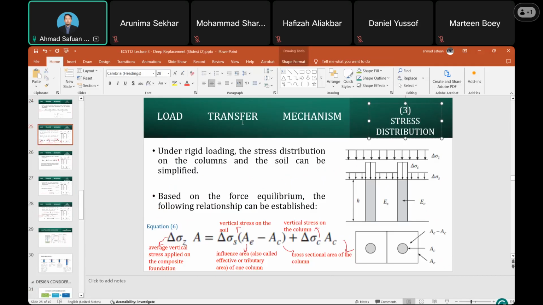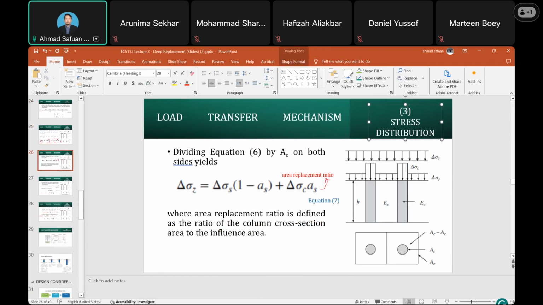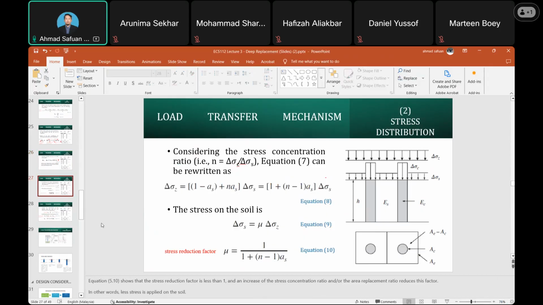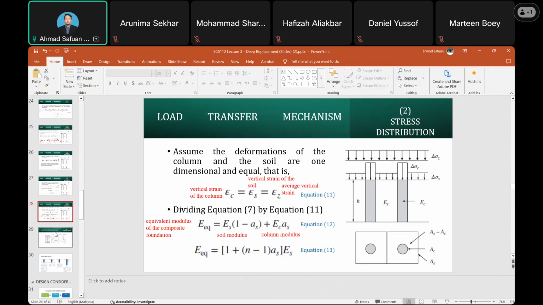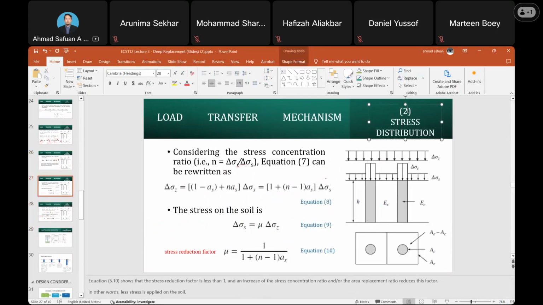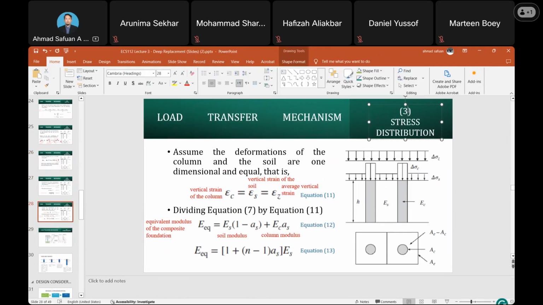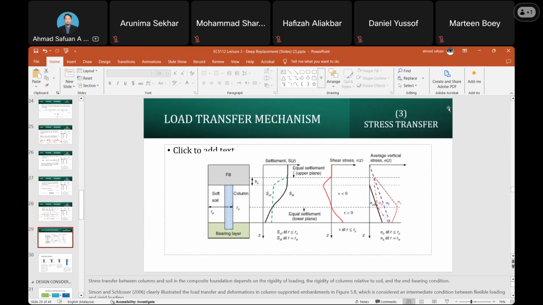This is number 3, and then this is number 4.